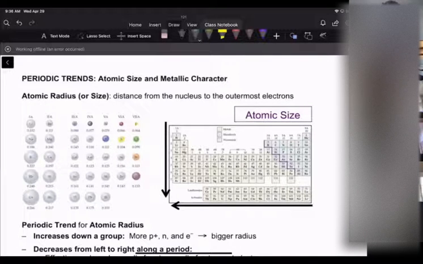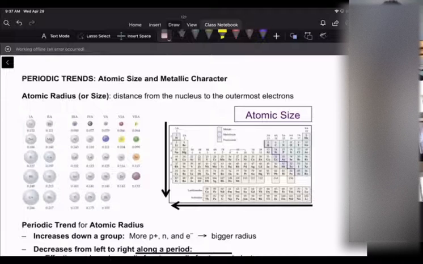And so as they get bigger and bigger, more protons in the nucleus and more electrons in the shells, it makes sense that they get bigger. They're like the onions with more and more layers. So this trend in the downward direction makes a lot of sense because we're adding more and more stuff as we go down.